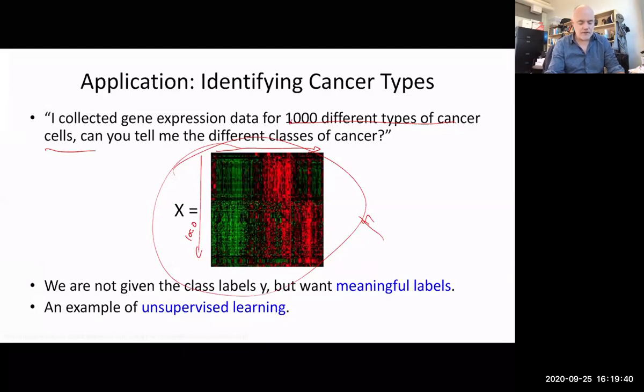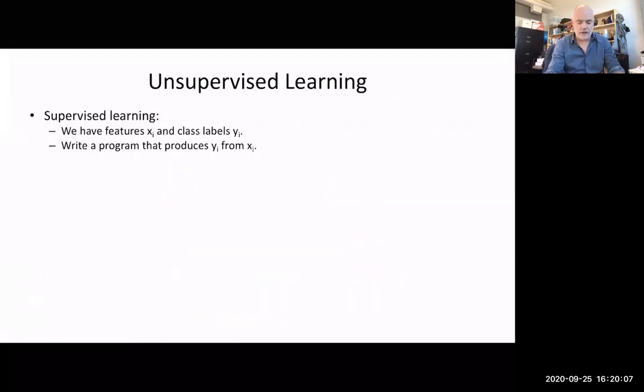The critical part, and this is what distinguishes supervised and unsupervised learning, is that we are not given the class labels Y, but we want some sort of meaningful labels. So how many different types of cancer or classes of cancer there are is an example of this kind of quote unquote unsupervised learning. Let's just say it again.